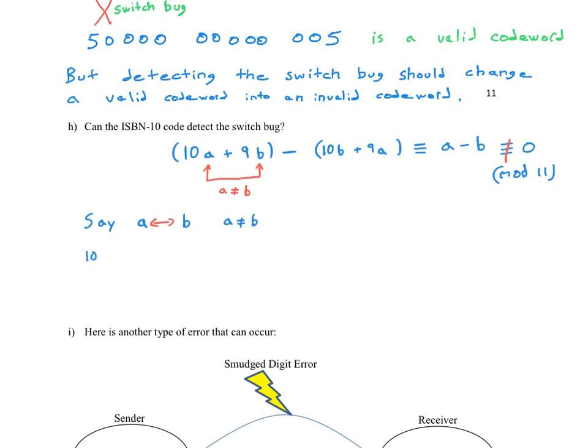So we've got 10B after the swap, and 9A, and then 8C, and then so on and so on, all the way down to J. Now this particular expression that we just wrote out has the switch occurring, and what we want to have happen to make sure that we detect the switch bug is we want this expression to no longer be congruent to 0.